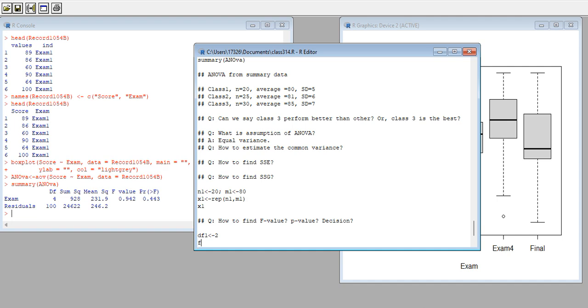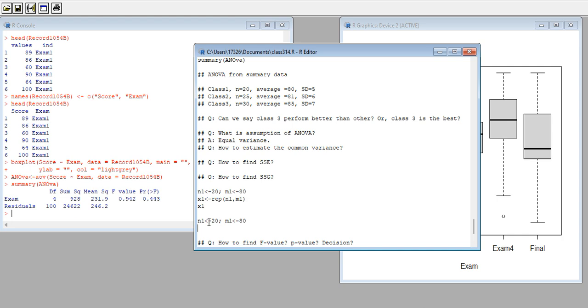Okay, so the degree of freedom for all is N1 plus N2 plus N3 minus 1. So we put N1, N2 here.